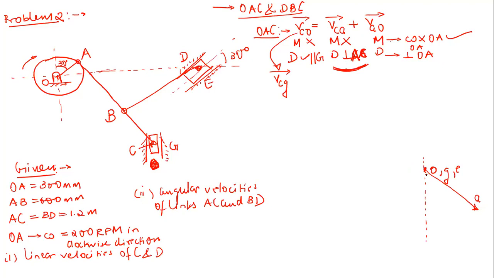From which point shall I start? From A. From A, draw a line perpendicular to AC. So this is somewhere your AC, and this is your point C.